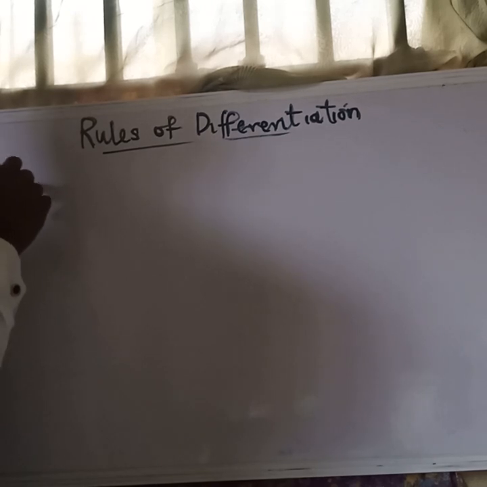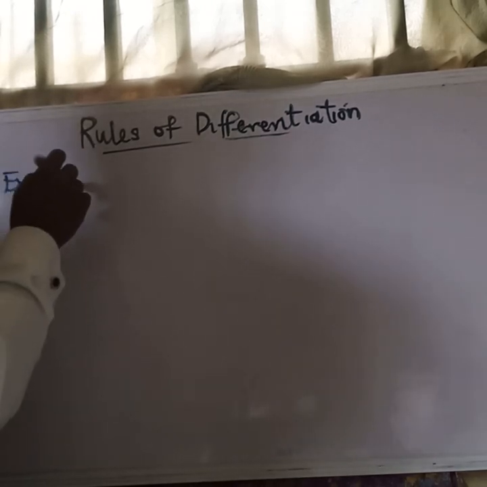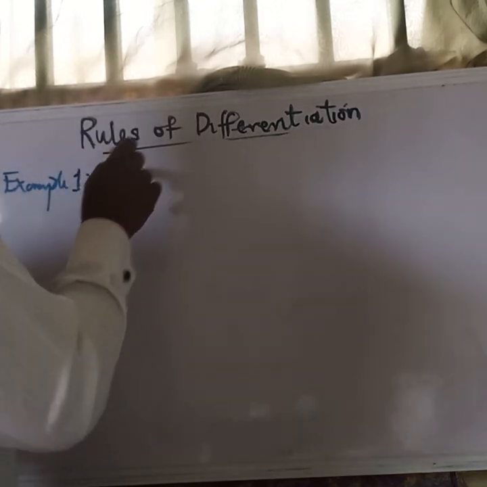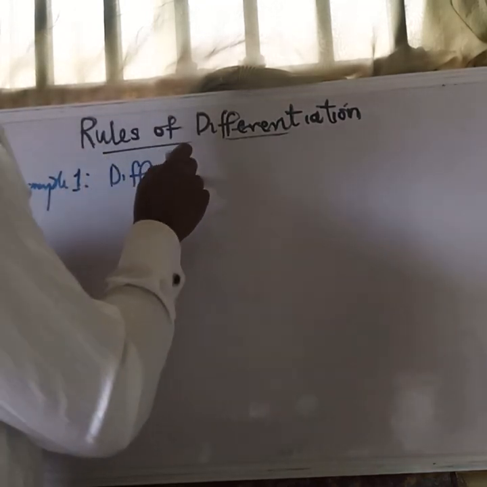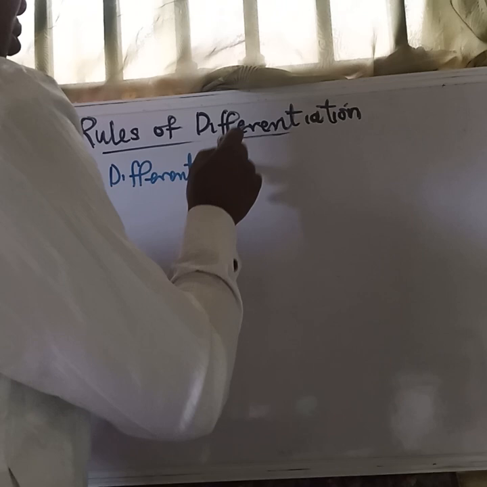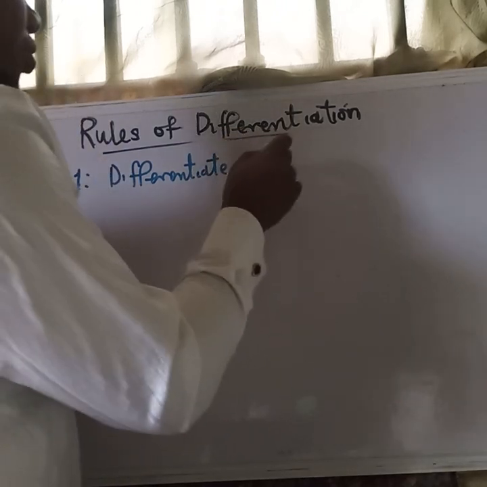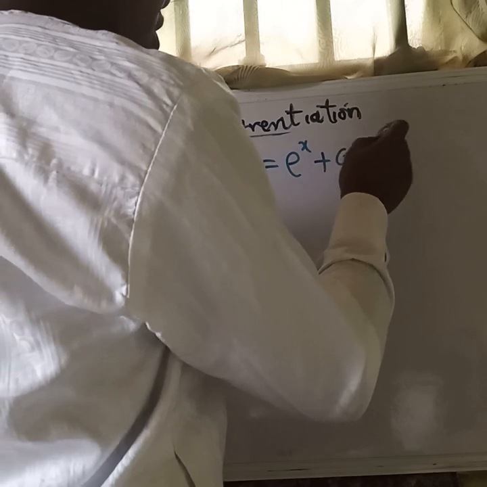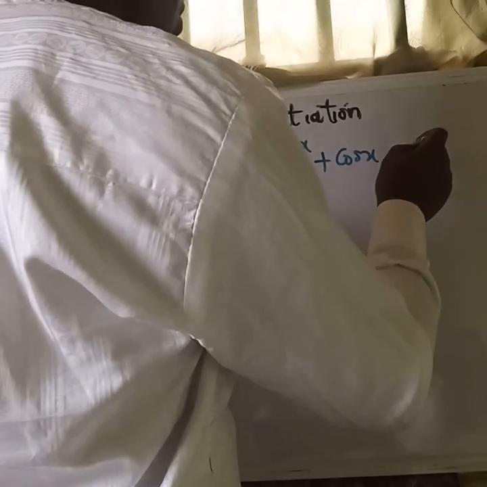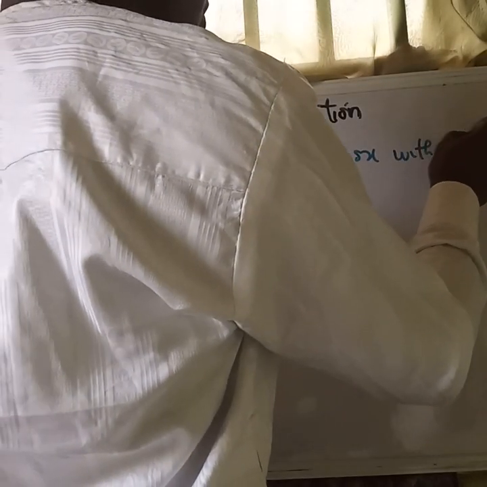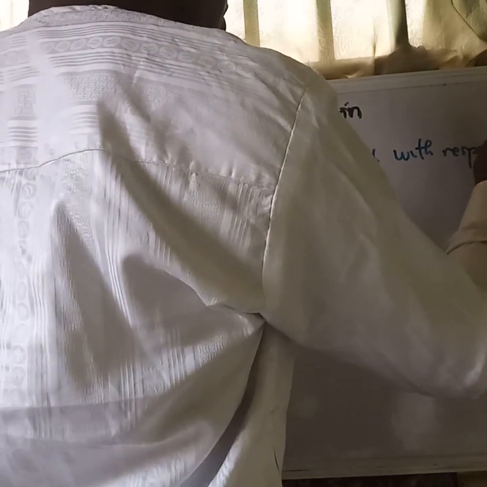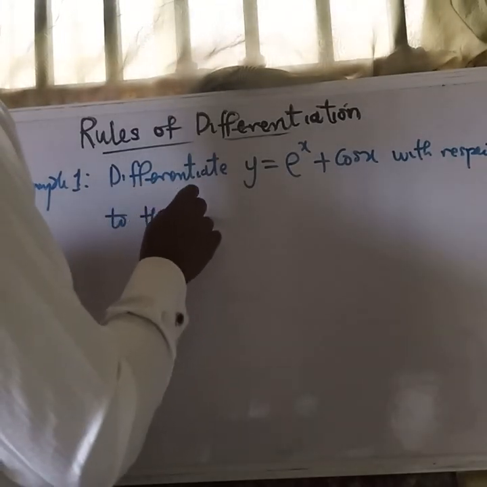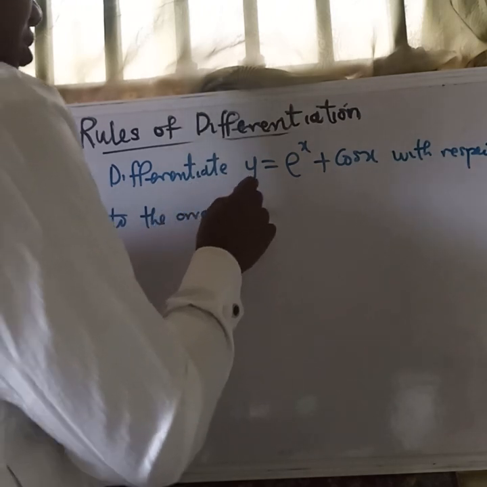Example 1. Differentiate y equal to exponential x plus cos x with respect to the argument x.